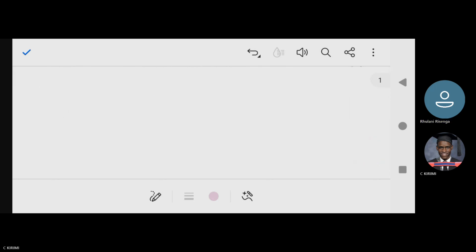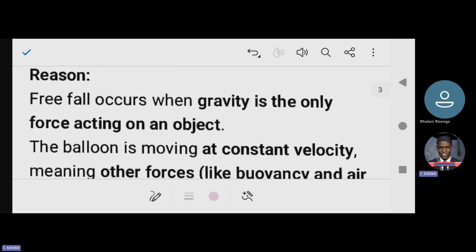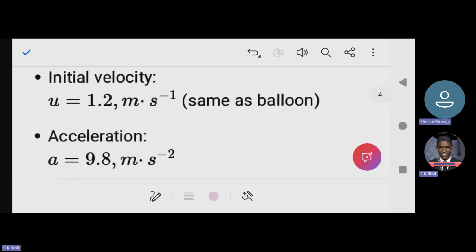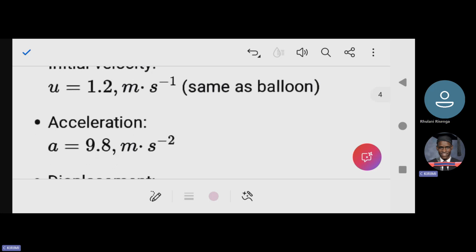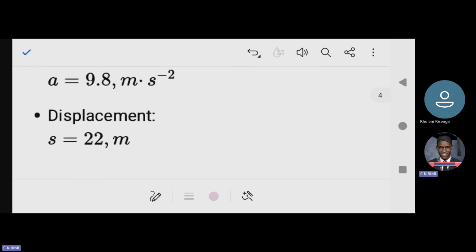Is it positive or negative when you're calculating the time for 9.3? So there is your initial velocity, vi, normally u. Since it's down, the acceleration is 9.8 meters per second squared. Then the displacement is 22 meters.